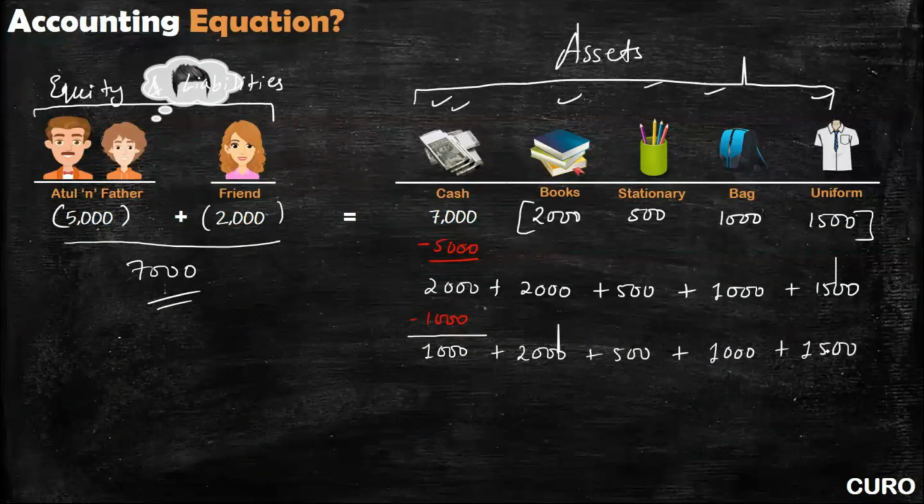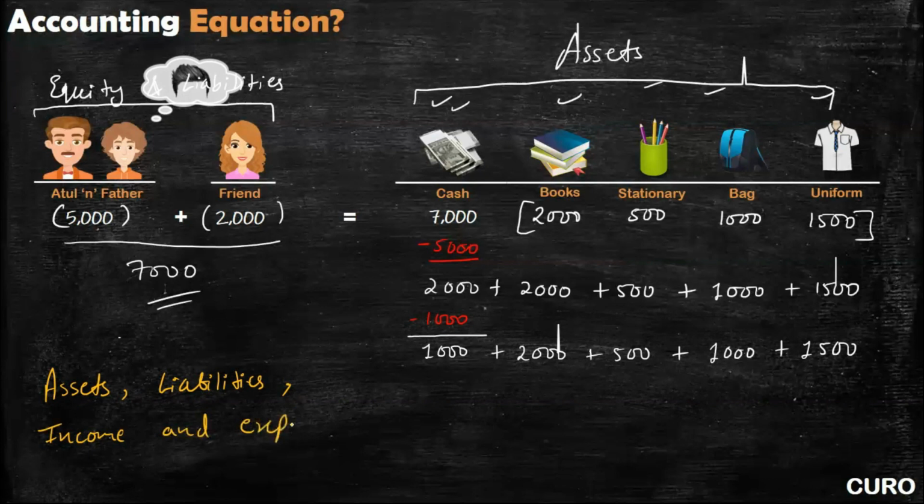But how does this happen? And what about our dual aspect concept now, which says every transaction has two impacts on an equation? Well, it is true that every transaction has a dual impact on an accounting equation. The accounting equation is not balanced here because we missed another important concept of accounting, that every transaction is divided into four categories, two of which are assets and liabilities and the other two are income and expense.